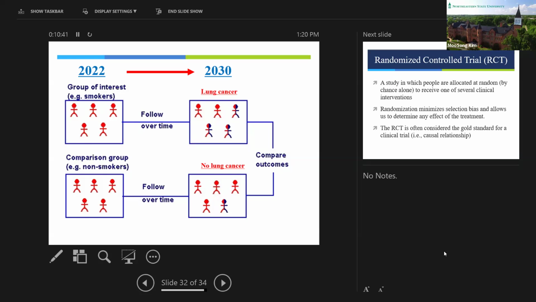What kind of issue might there be? They can stop smoking. Yes, these people can stop smoking or change their behaviors, right? Some people drop out of the study in the middle of the time period. So it's really hard to monitor their behaviors, right? Yes, very good.